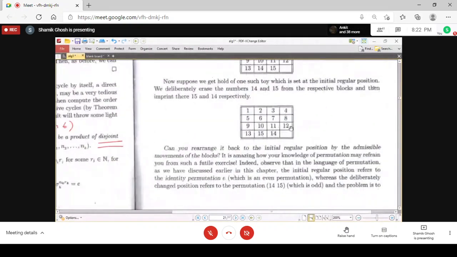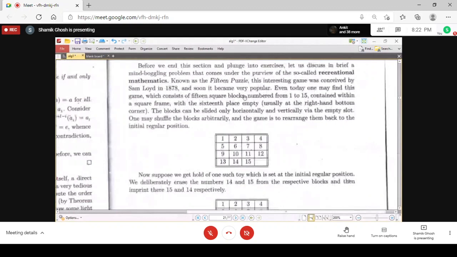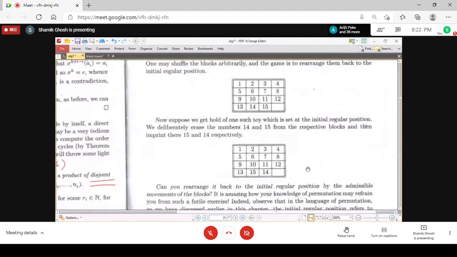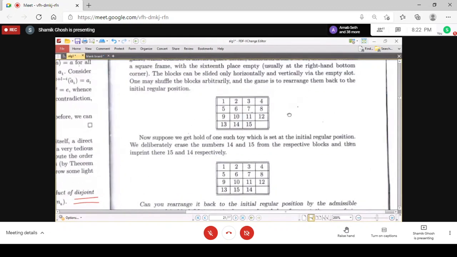So I will request you to read these things. It is an interesting application to a very childhood puzzle, called the 15 puzzle. You can remember the last one, where it was written that it is impossible, just twisting 14 and 15. Now twisting 14 and 15 is just a transposition.